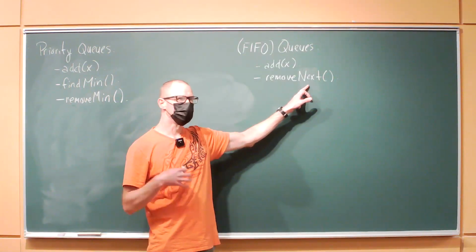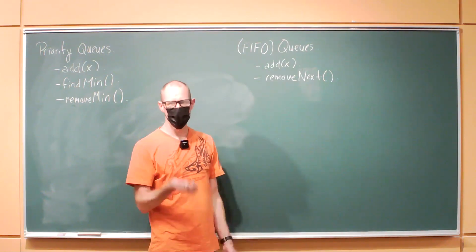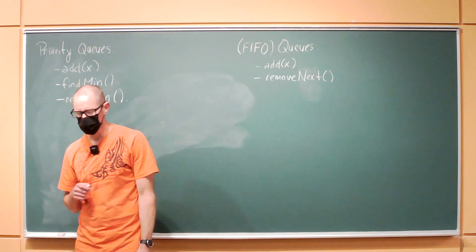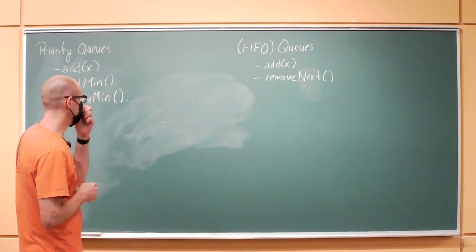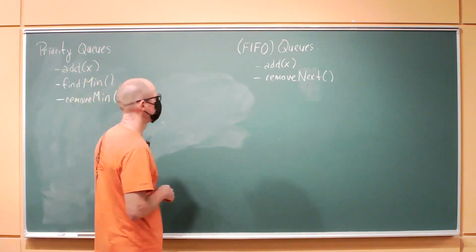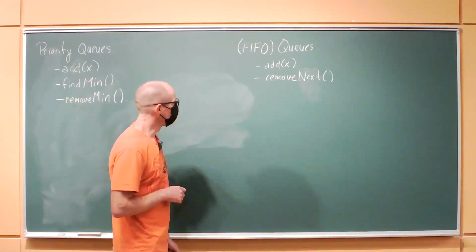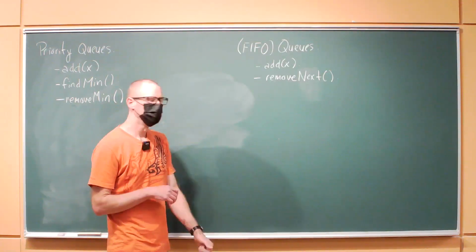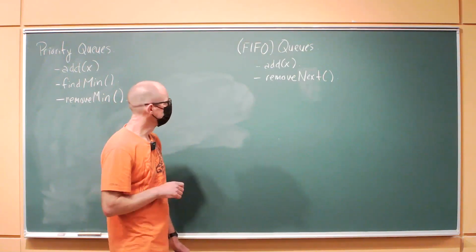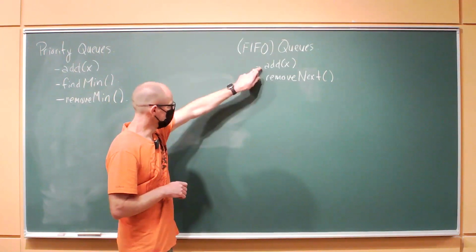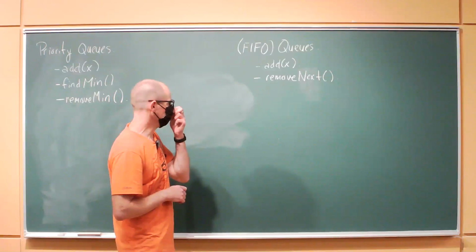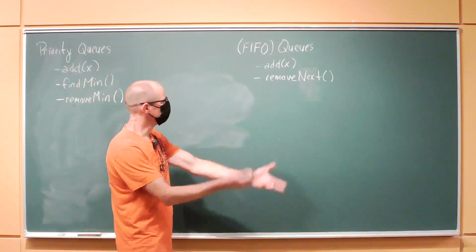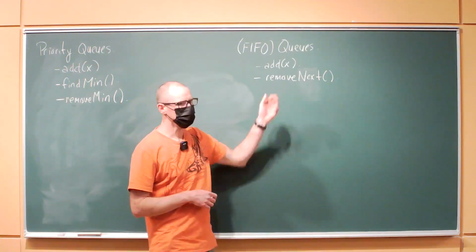Whatever has been in the queue the longest is the next thing that gets removed. Queue, I guess, is a British term, because that's how British people talk about what we call standing in line for something. You join the back of the line when you're added to the line, and the front of the line is the next thing that leaves.